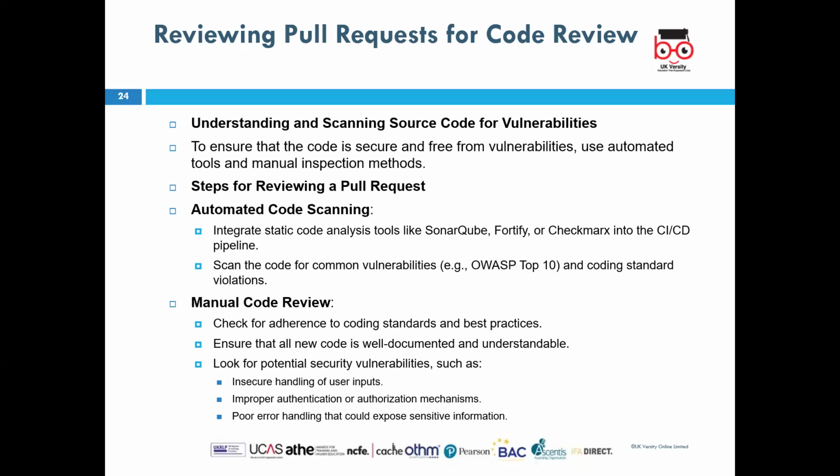So by having a manual review where our software tester goes in and checks, we're going to look for insecure handling of user input, improper authentication and authorization mechanisms, and poor error handling that could expose sensitive information.